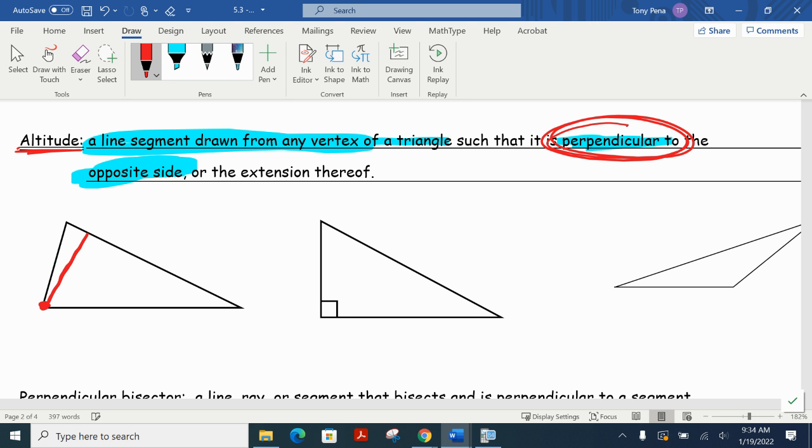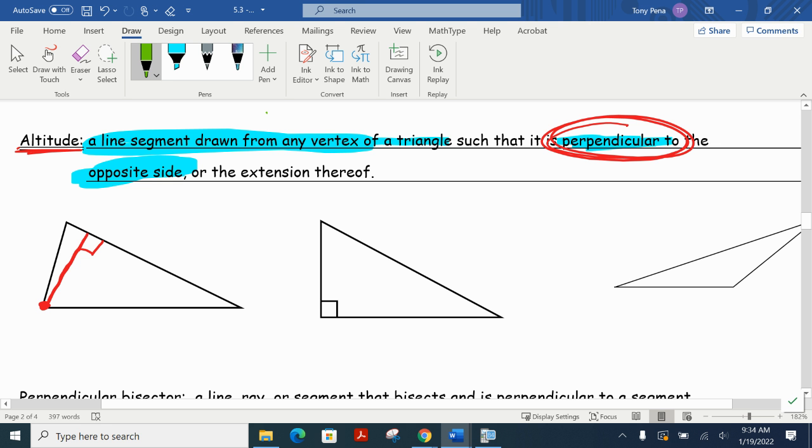So kind of where you think it is. But what we're hoping for is that this then is a 90-degree angle. I could put a little square there indicating it's a 90-degree angle.